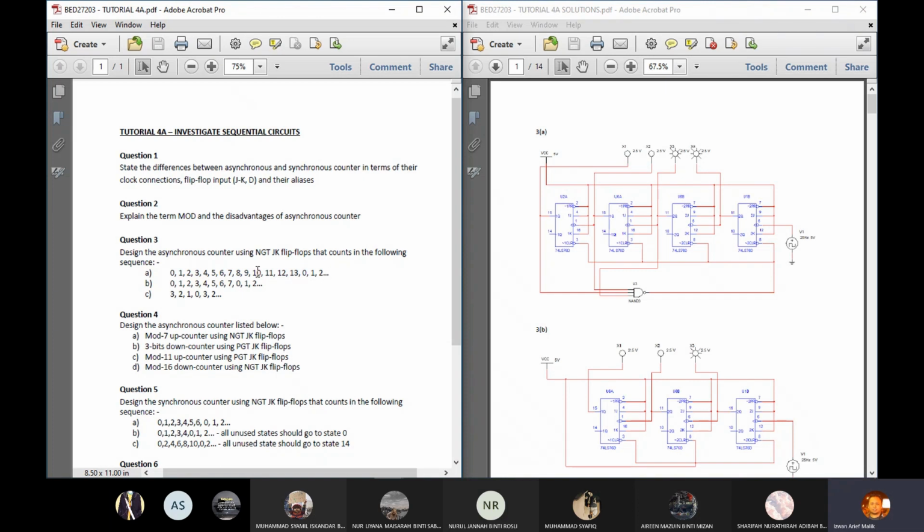So this is a 0 until 13 up counter, or also called a mode 14 up counter. Why 14? 0 until 13, obviously 13 is the biggest number. But if you count the number of states, 1, 2, 3, 4, 5, 6, 7, 8, 9, 10, 11, 12, 13, 14. So it is a mode 14 up counter.